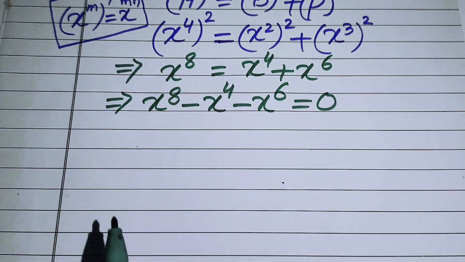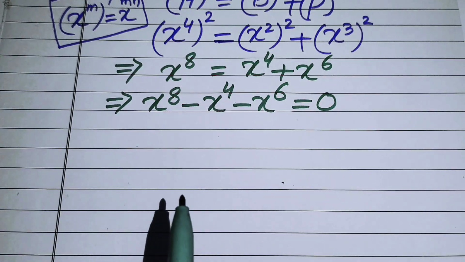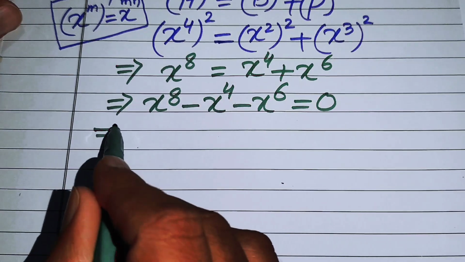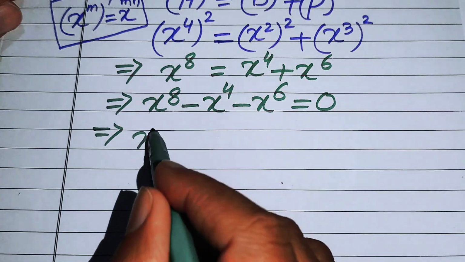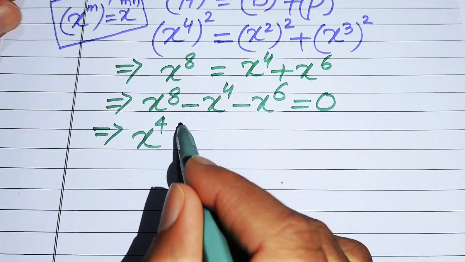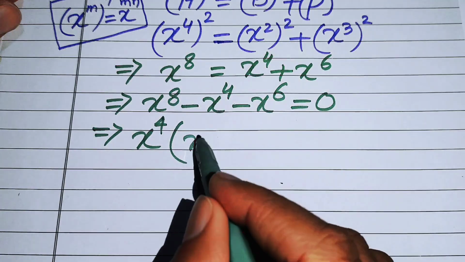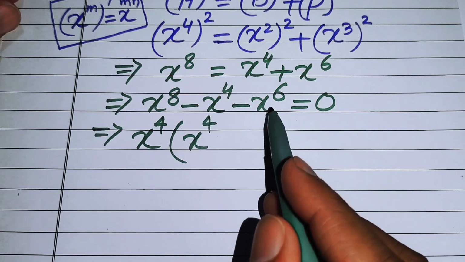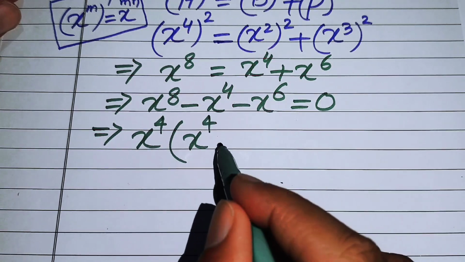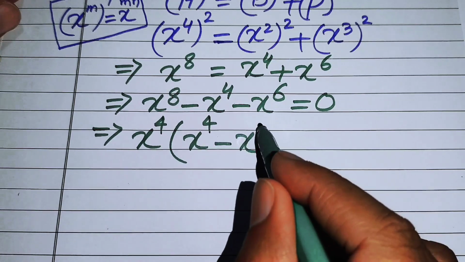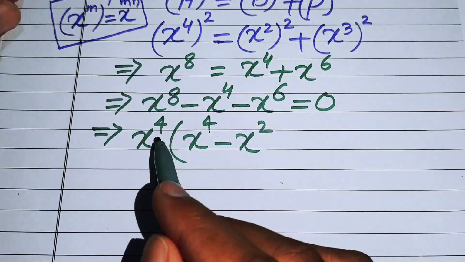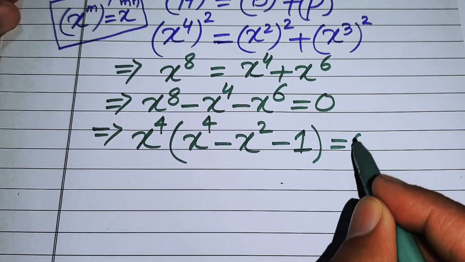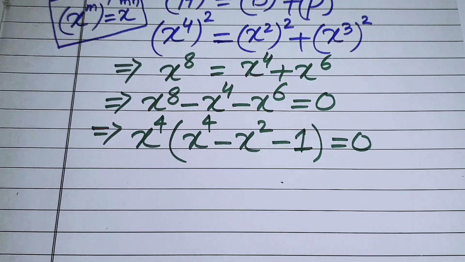So here you see that we have x to the power of 4 as a common term in each of these expressions, and we take common x to the power of 4, and we obtain here x to the power of 4, minus x squared, and minus 1, and this whole equation equals 0.